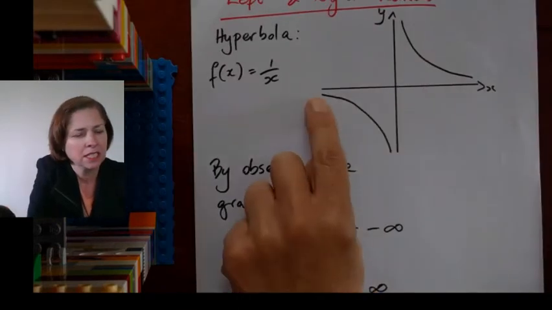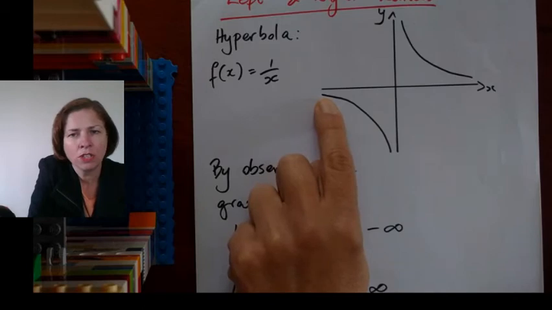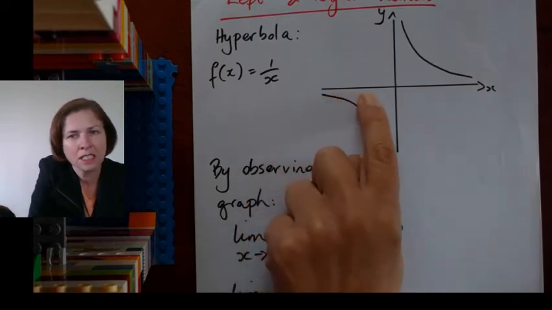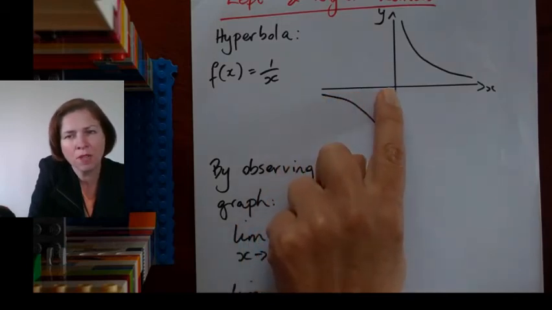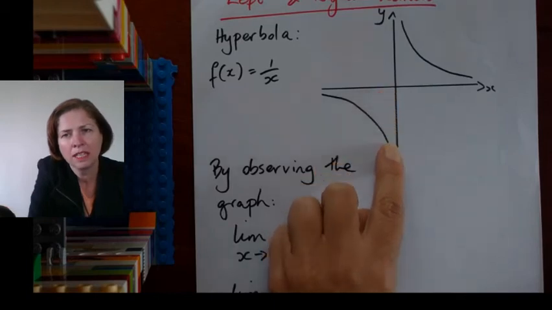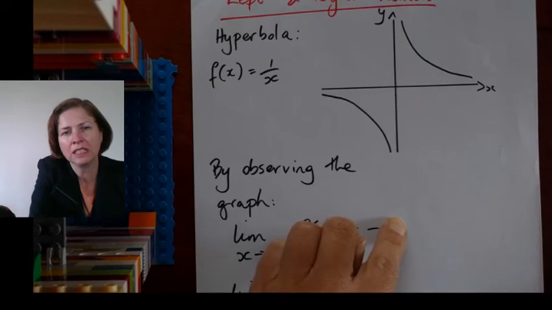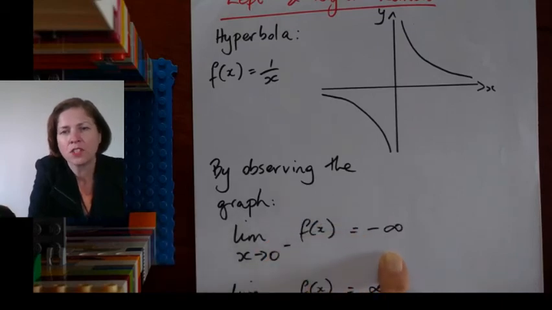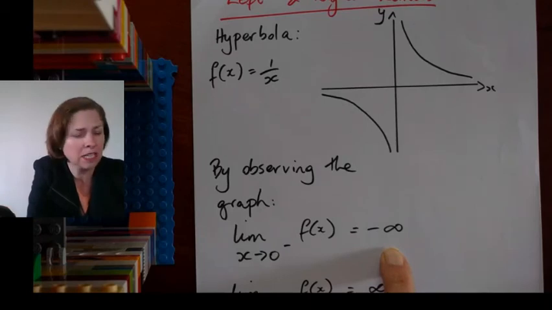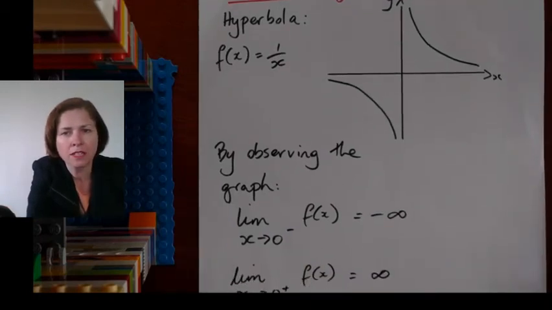So let's get closer and closer. As I move x closer and closer to 0 from the left, what's happening to y? It's getting very, very negative, and this is going to keep going towards infinity. So in fact, the limit as x approaches 0 from the left is negative infinity. What about from the right?